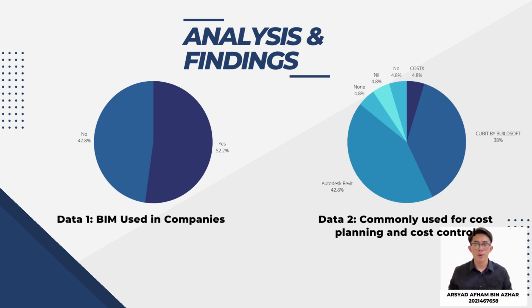For QBit by Buildsoft, the percentage increased by as much as 38.1%. However, the highest percentage goes to Autodesk Revit, as much as 42.9%. It is shown that this software is more familiar among the construction industry players than other software.